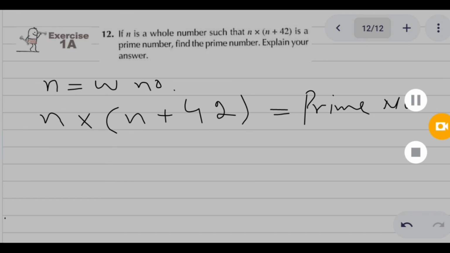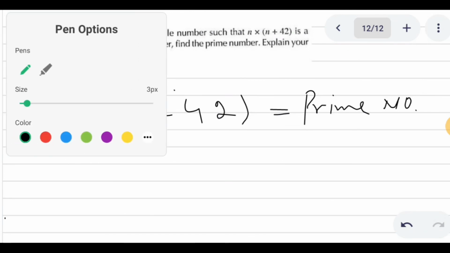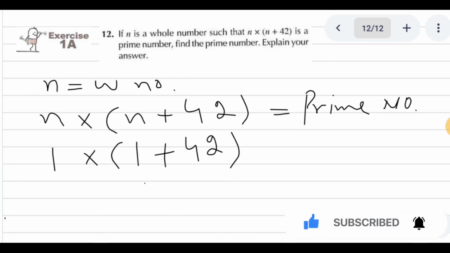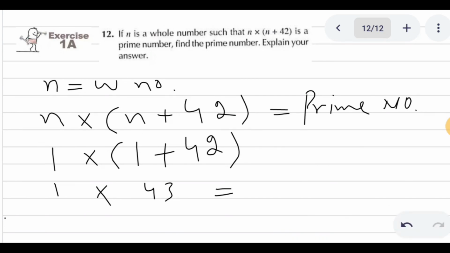So now, for example, if we take n equal to 1, we'll write 1 into 1 plus 42 and try to find its answer. 42 plus 1 is 43, and 1 into 43 is 43, which is a prime number. So this is how this question is solved.